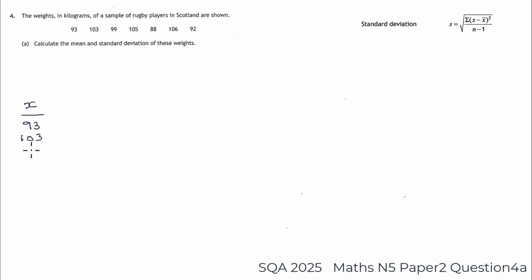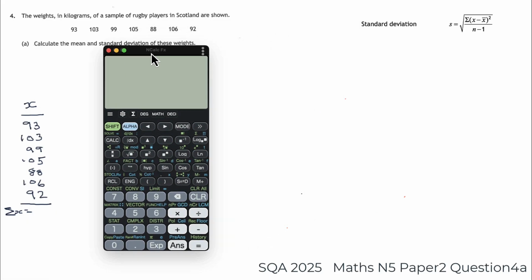So it's 93, 103, 99, 105, 88, 106, and finally 92. And to get the mean, we're going to add these up. So this will be sigma x. Just find what the sum of all these numbers are.